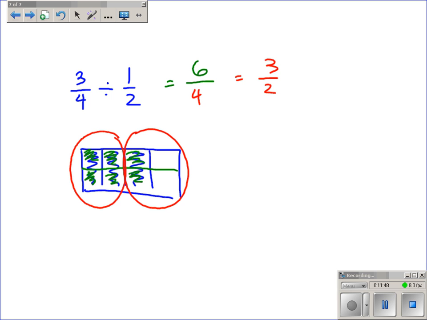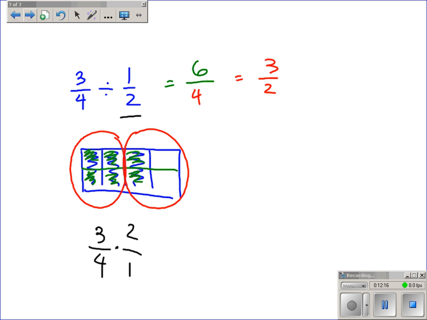Let me do the same problem again, except using the typical rule that we use. So take 3/4, and instead of dividing, which can be a little tricky, what most teachers teach is to flip and multiply, or invert and multiply, or there may be some more sayings, but you make it multiplication, and you take the second fraction and you flip it over or take the reciprocal.